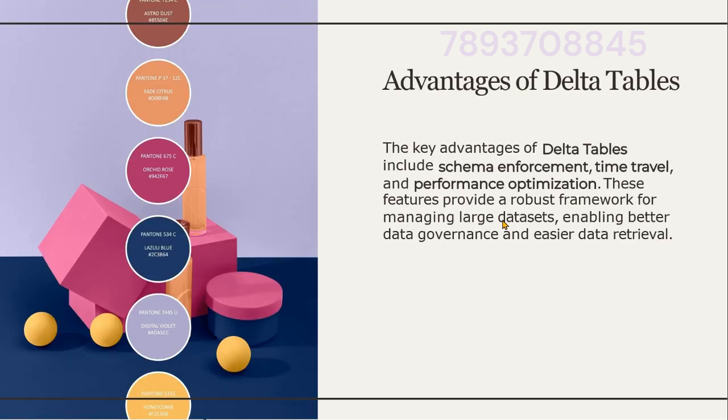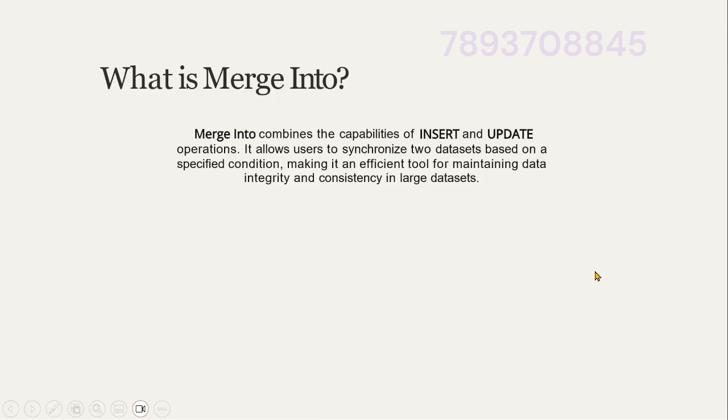Next, advantages of delta tables. Delta tables support schema enforcement, time travel, performance optimization, and more. Merge into, we can do it as we discussed earlier: insert and update operations using merge into in our delta tables. This is called upsert.